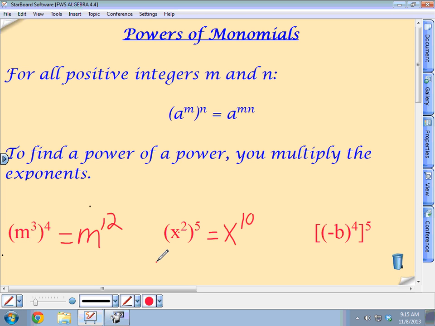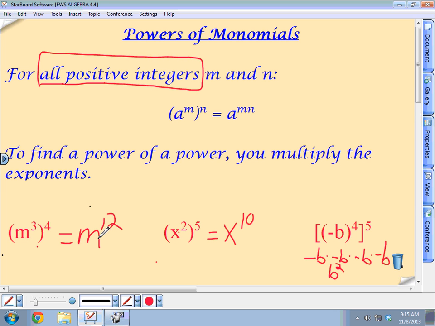Notice it says for all positive integers, right? So you have to make that positive first. This is really negative b times negative b times negative b times negative b, right? And what is negative b times negative b, Nathan? It's positive b squared. What is that times negative b, Katie?